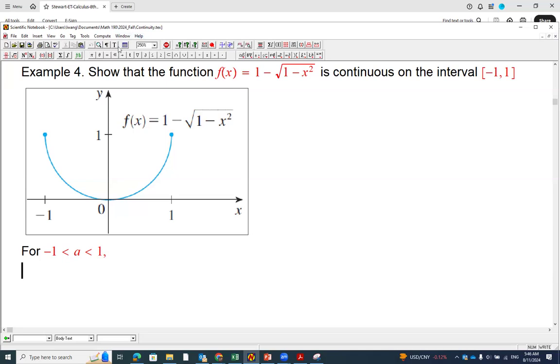Because we're going to demonstrate continuity. So limit as x approaches a of the function. Let me try to get this done sooner so it's not too long.